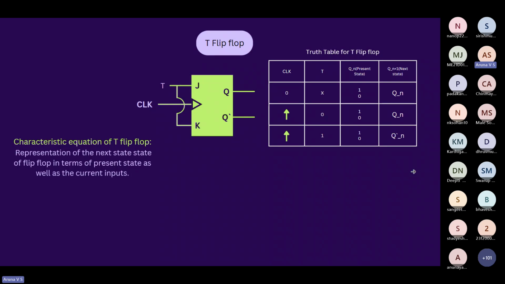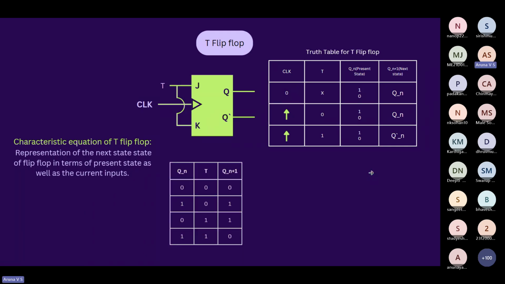So let's see the characteristic equation of T flip-flop. So what is a characteristic equation? It is the representation of the Qn plus 1 state in terms of Qn and T. That is a representation of the next state in terms of the present state and the toggle value.